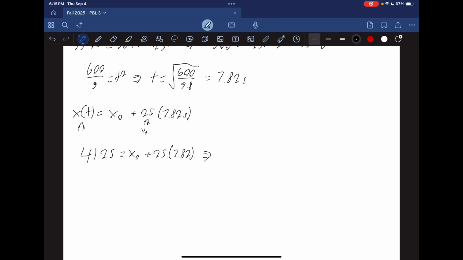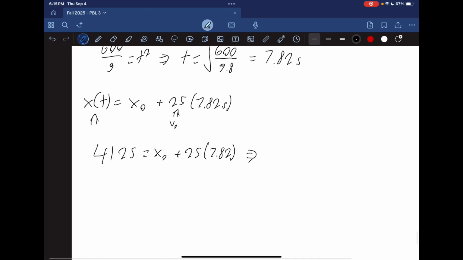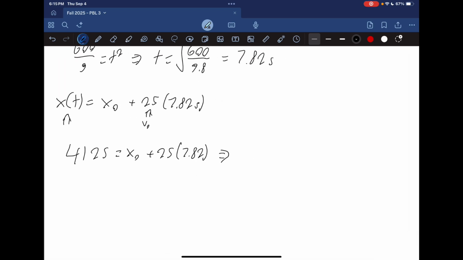So I'm going to go ahead and rearrange this and do 4125 minus 25 times 7.82 will equal our x naught.